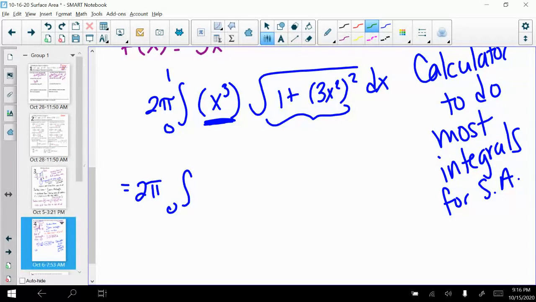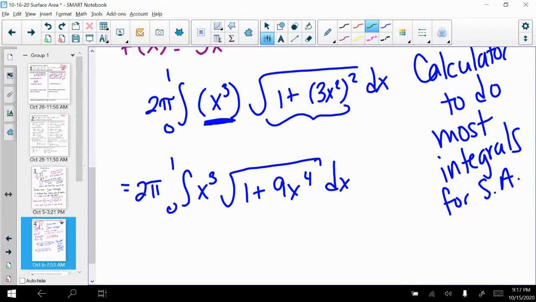So let's simplify this. We realize this is 1 plus 9x to the 4th, squared. What I see, and this is probably the math teacher coming in, is that the degree inside is x to the 4th plus a constant, not a problem from a derivative, and this degree is 1 less.